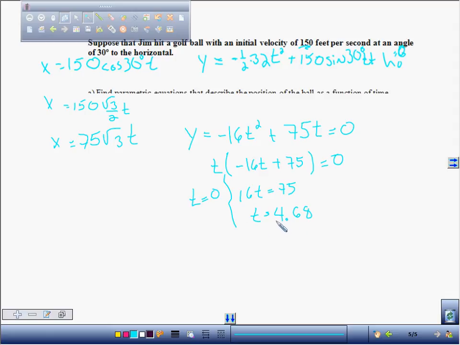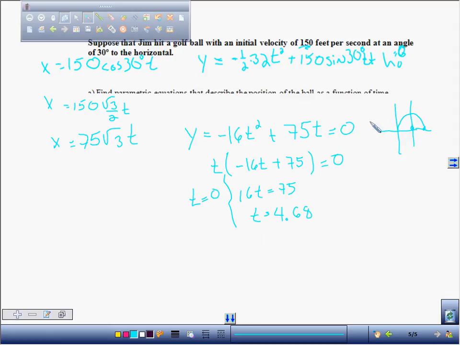The next question asks you, how high does the ball go? To figure out how high the ball goes, remember this makes a parabola, right? So it's going to start off at some height, and then at what point in time is it going to be right here? Half the time. Thank you.